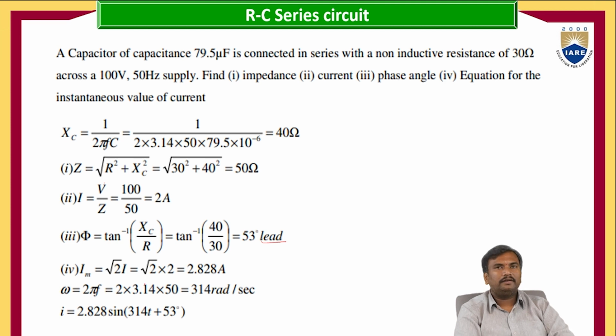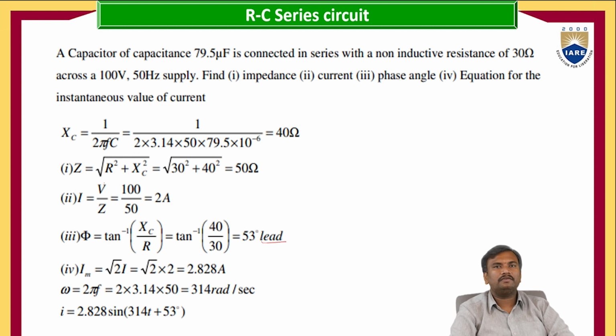And in order to get the Im and Vm values, whatever RMS values we got should be multiplied with root 2 in order to get the maximum value.